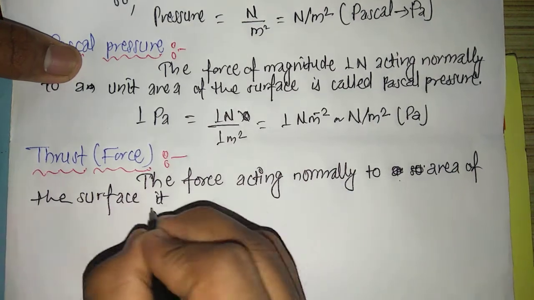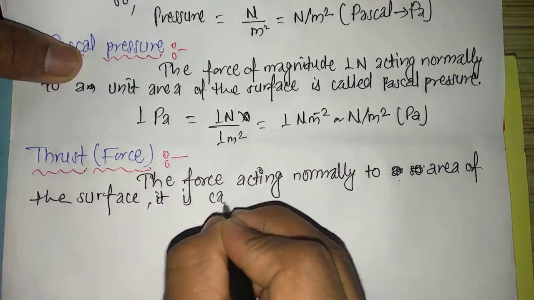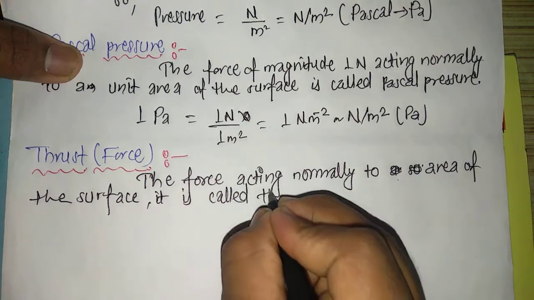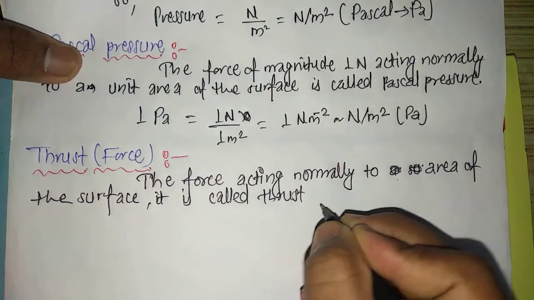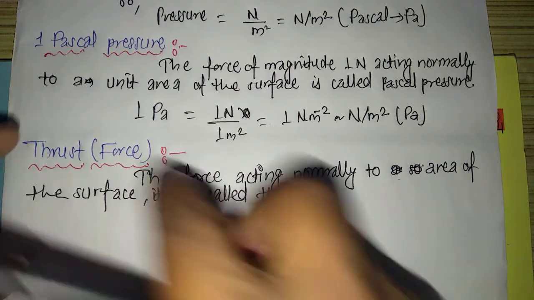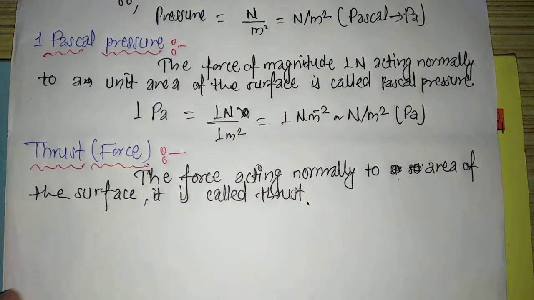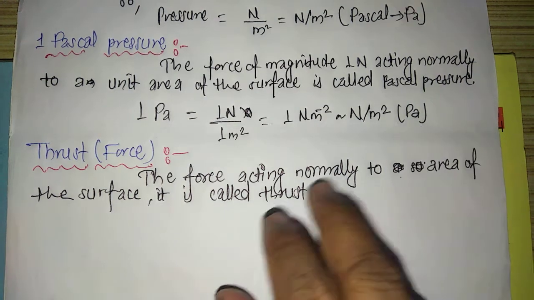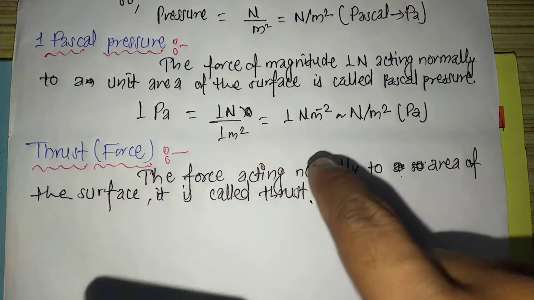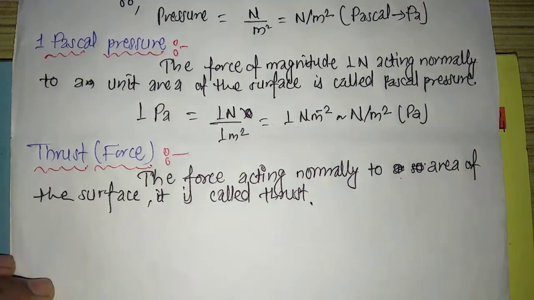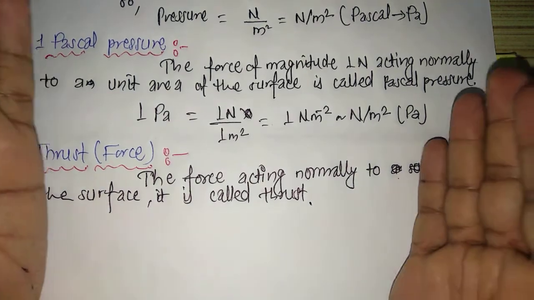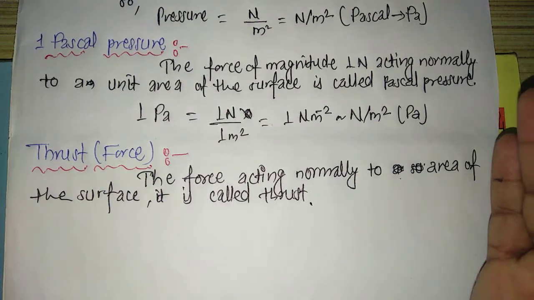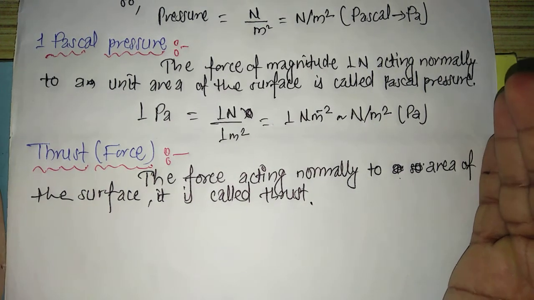Suppose this is the area, and its area is not 1 meter square; whatever the area, the force acting on that area is called thrust. Simply, the force acting on any area is called thrust, and the force must act normally.